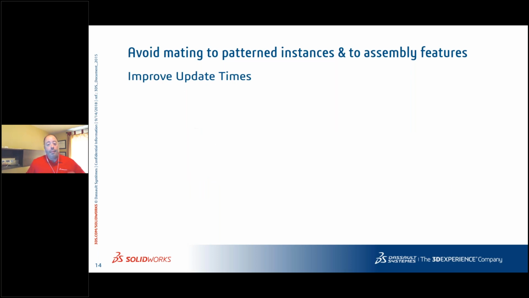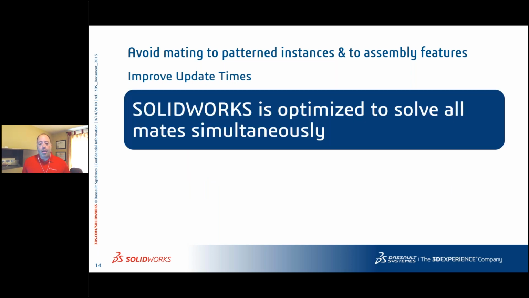Here's why. SOLIDWORKS is actually optimized to solve all mates at the same time. That's how SOLIDWORKS is built. When it can't, it will follow the assembly tree order, right? So depending on if you create assembly features, it'll just follow the tree.